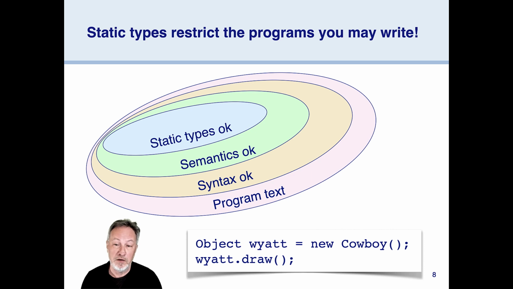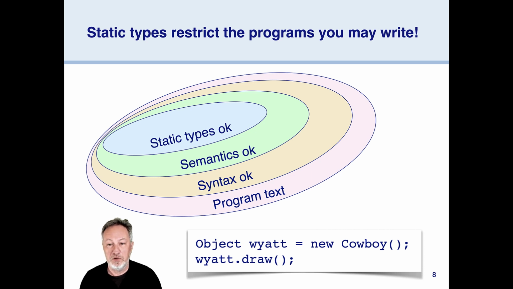So there are some that are not syntactically okay. Those are in the pink zone, so they contain some kind of errors. They're programs, but they don't really make sense. They're syntactically wrong. Then, within that, we have programs that are syntactically okay. So they would parse. They look like valid programs in Java or Haskell or whatever language we have.